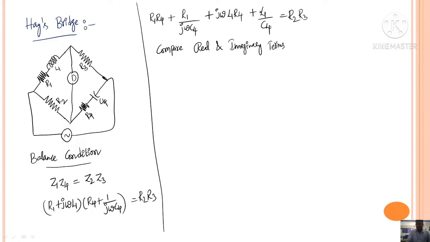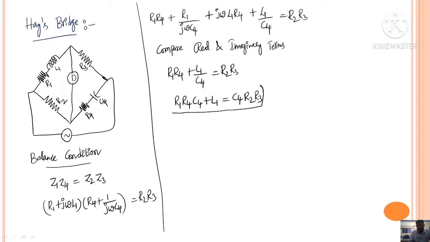R1 R4 plus L1 by C4 is equal to R2 R3. Keep this in a more simple form: by multiplying C4 with each and every term, you will get R1 R4 C4 plus L1 is equal to C4 R2 R3. Just keep this equation as it is. We'll look into it later.